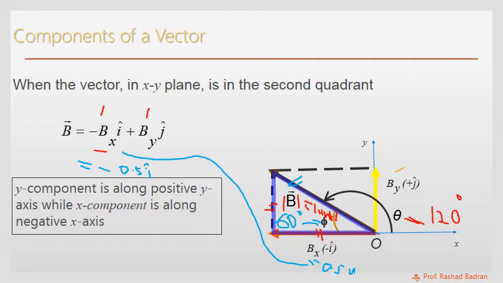Then you're going to have 1 multiplied by sine 60, which is 0.86 units. This value is going to be substituted in here. Then you have the answer: minus 0.5 i hat plus 0.86 j hat.